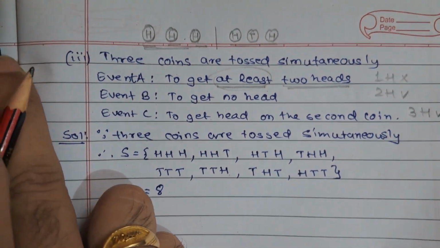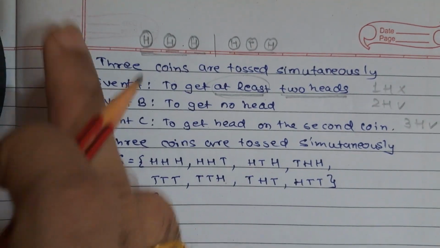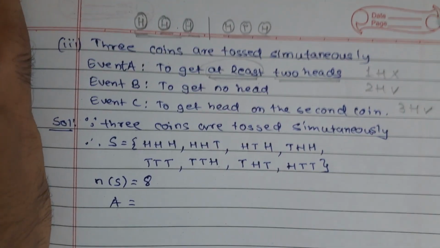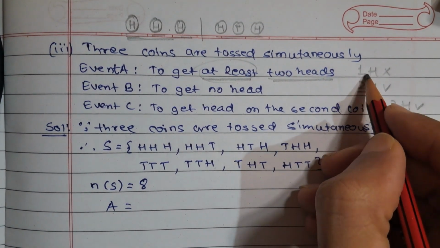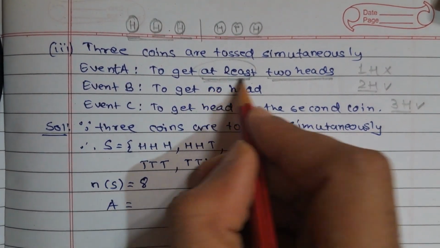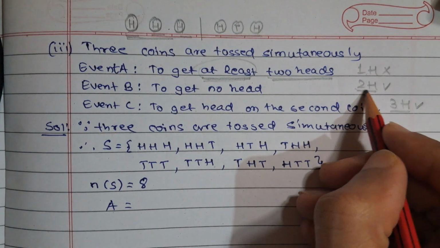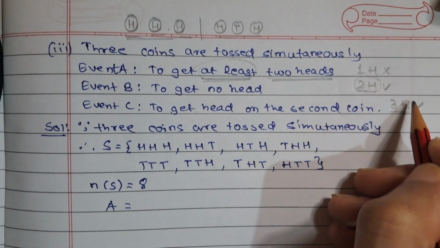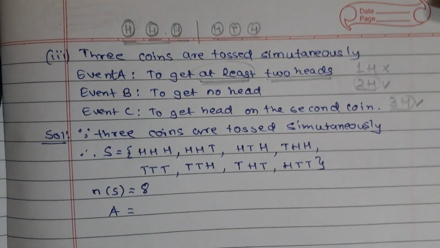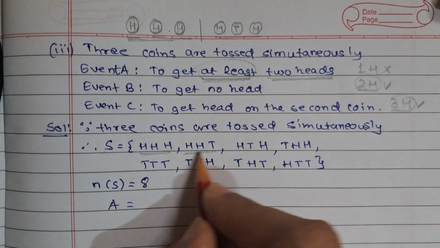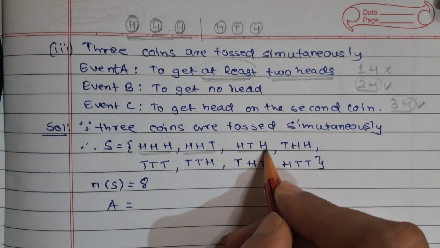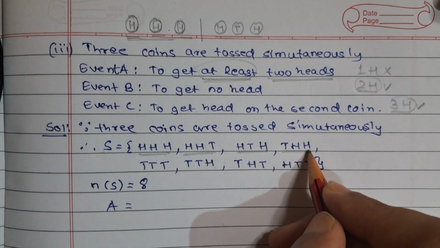Why? Because it says at least 2 heads, right? So at least 2 heads means what? It should contain 2 or more heads. It should not have less than 2 heads. That is what the word at least means. So let's hunt for all the possibilities where there are 2 heads or more, that is 3 heads. First of all, this is one of them having 3 heads. This contains 2 heads, this contains 2 heads, this contains 2 heads.